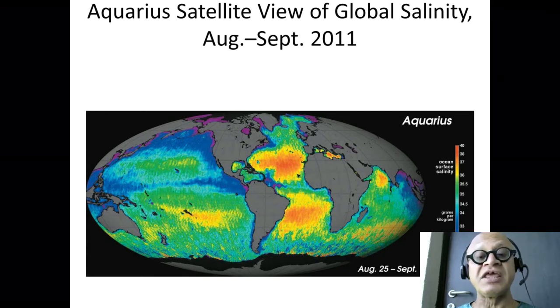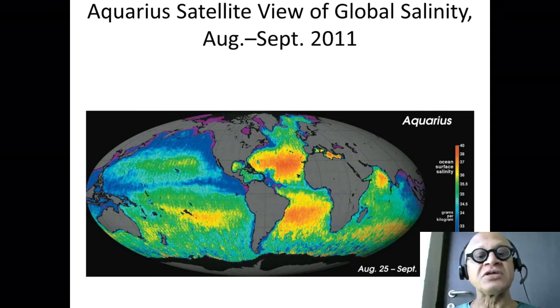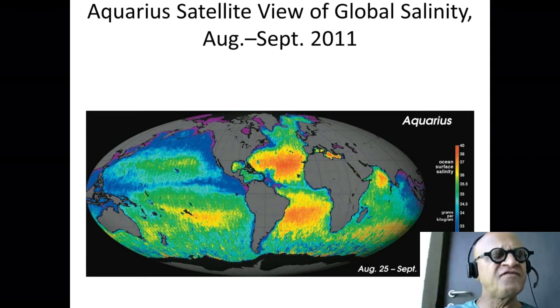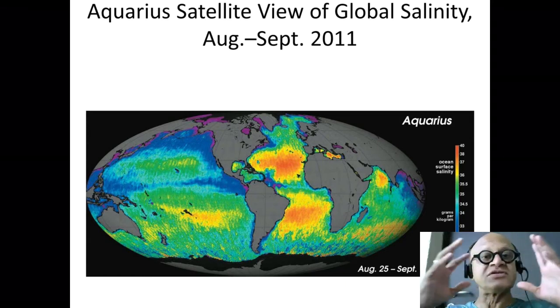Where we said rain also happens. And in the higher latitudes, the Arctic is very fresh compared to the Southern Ocean that we already talked about. There are lots of these features in it that we won't discuss. And the reason why the Atlantic has got higher salinity is, of course, because it's got land so close to it on either side, as opposed to the Pacific, which is vast.